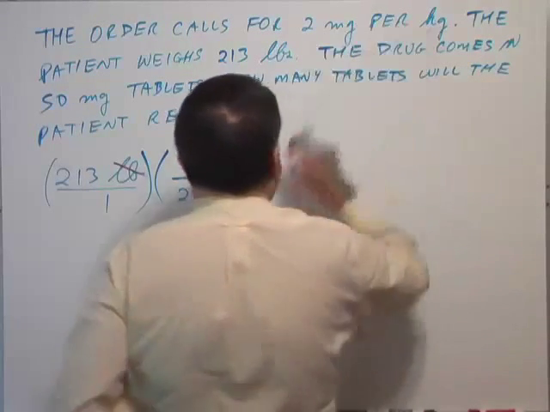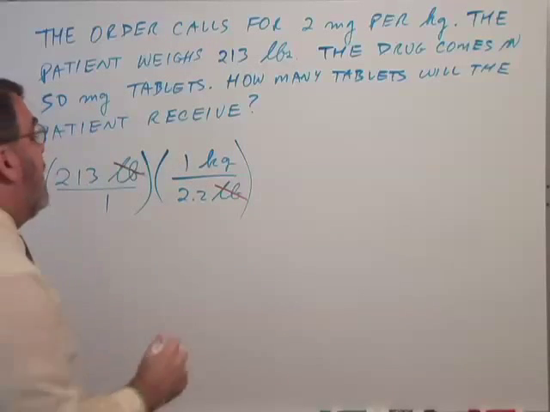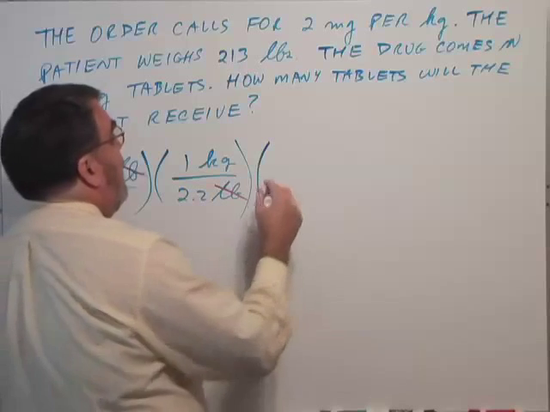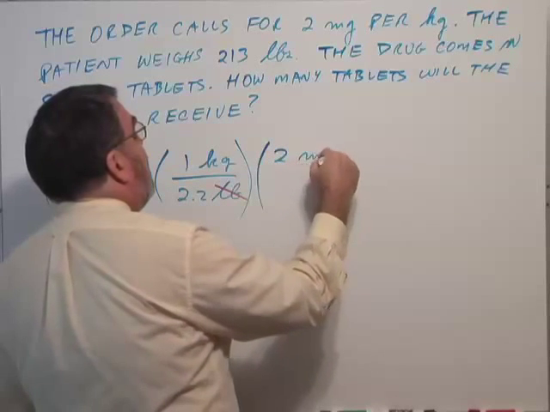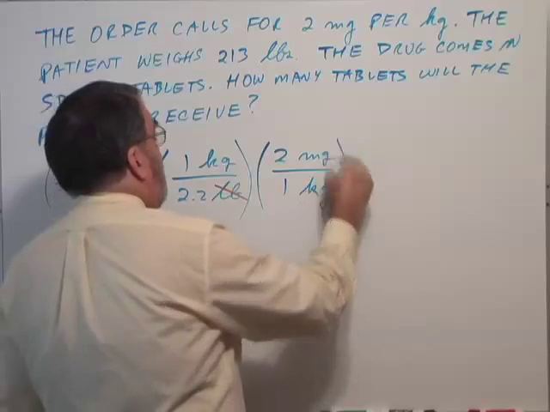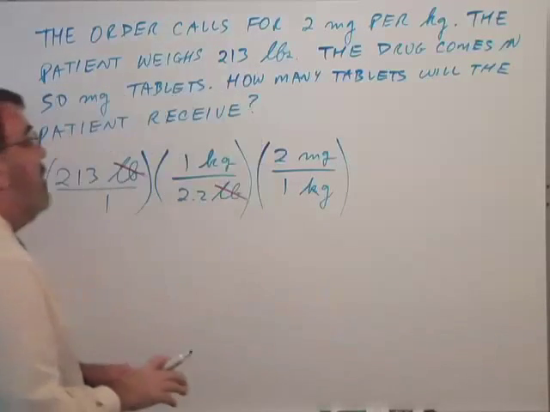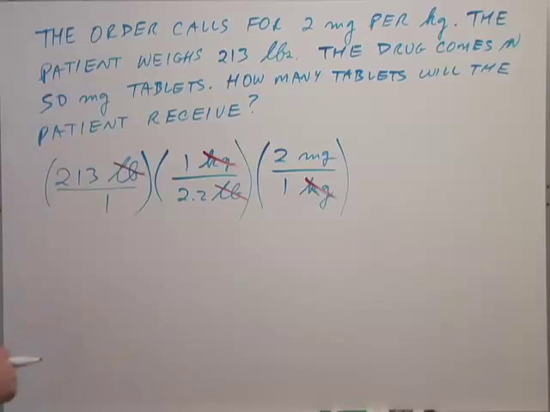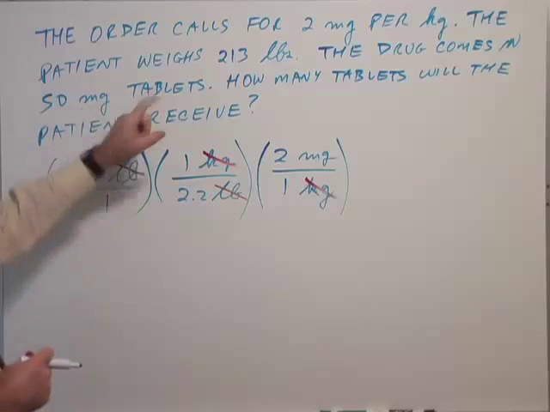We have the prescription, 2 milligrams per kilogram. So that's going to cancel the weight in kilograms and replace it with the weight of the drug. So we cancel kilograms, and now we're at milligram units. And finally, the drug concentration is milligram tablets.